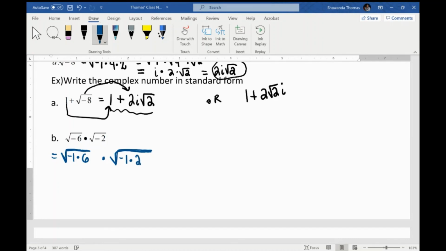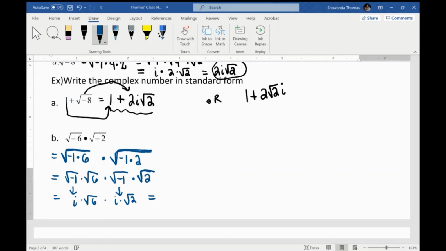Yep. If you want to, you can break all of these radicals up like so. Once you get the hang of it, you don't have to do this over and over again; you can just write your i down. But for now, we're in our learning stage, so we're going to write everything down. The square root of -1 is i. We got i times the square root of 6, and we got another i times the square root of 2.